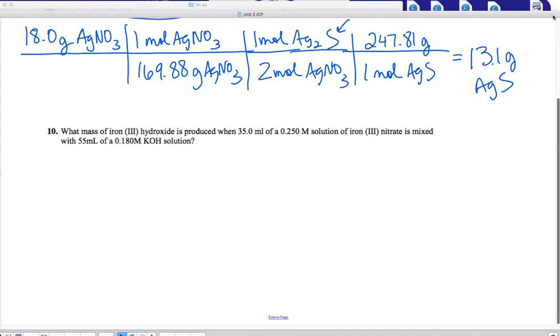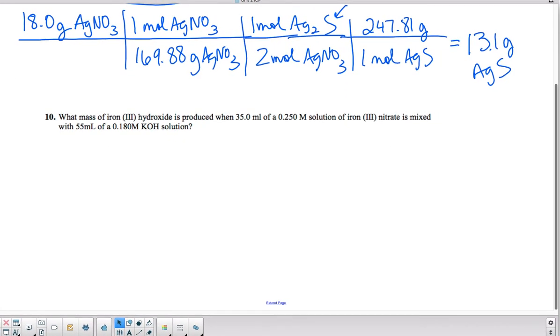Oh, let me pull this puppy up. All right. What mass of iron 3 hydroxide is produced when 35 mL of 0.250 molar iron 3 nitrate is mixed with 55 mL of 0.150 molar KOH?